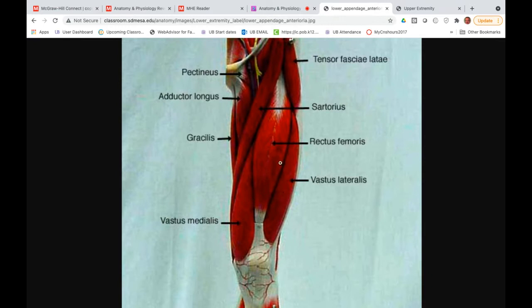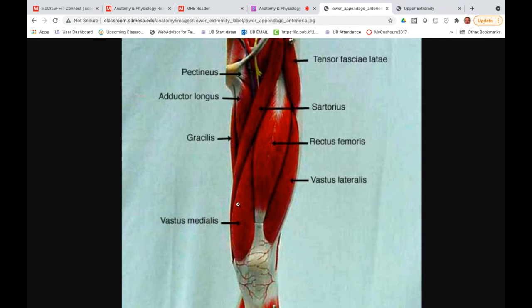We have these large, immense muscles in the front of the thigh. They're called quads, or quadriceps femoris. The term quad means four. So there are 4 quadriceps. 3 of them are the vastus sisters. We have here the vastus lateralis. It's a lateral muscle.